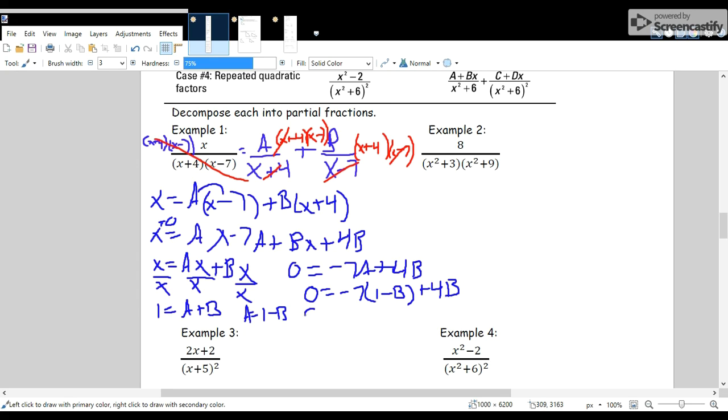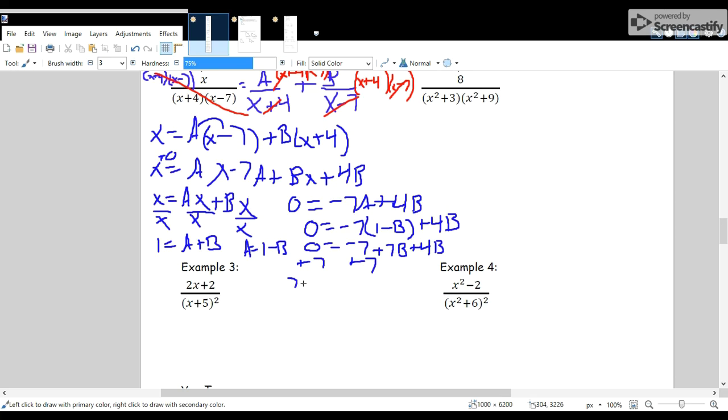Distribute the negative 7. We have negative 7 plus 7b plus 4b. Add the 7 over to the other side. We have 7 equals 11b. Divide both sides by 11, so b equals 7 over 11.